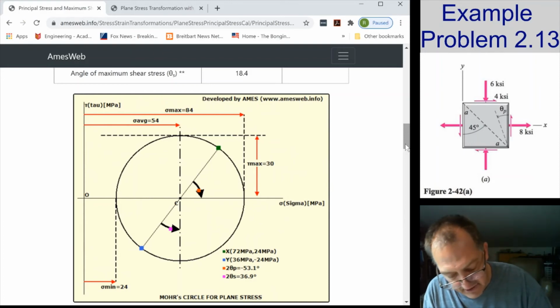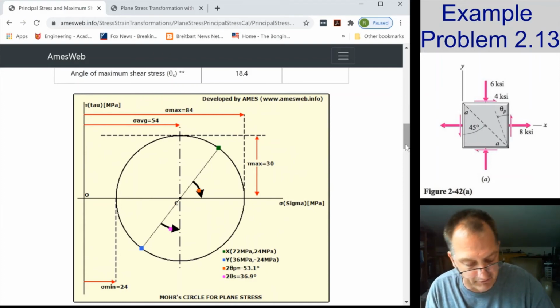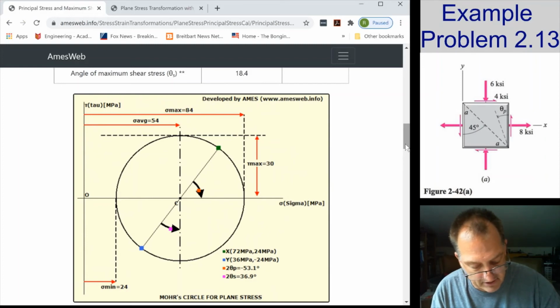Oh, sorry, it's plus 18 to here. And then I have to go minus 24. So I go 18 and I go 24, and this is 18, and that's 24.